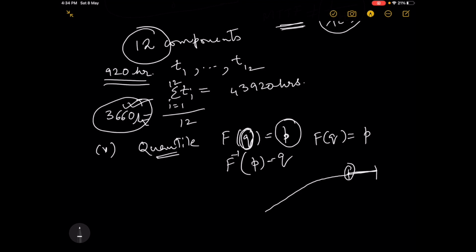So reliable life is the time for which 100 R% of a population will survive, where R is a specified proportion between 0 and 1.